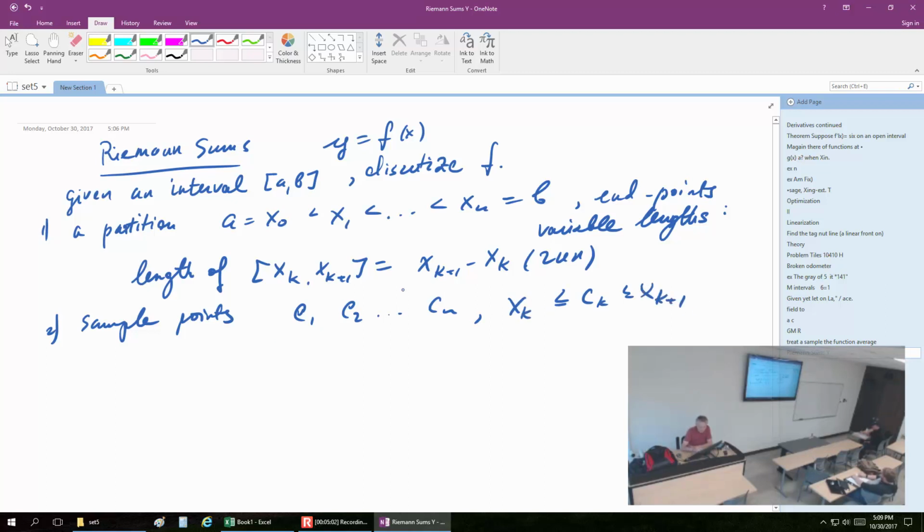So it is in the kth interval. And that's where the value of the function comes from. Values of f are taken at x equal to c1, c2, cn.